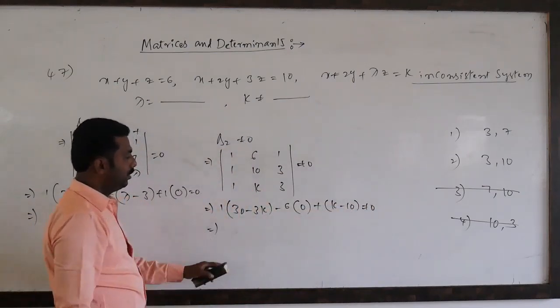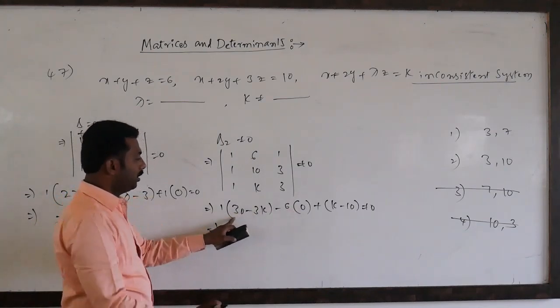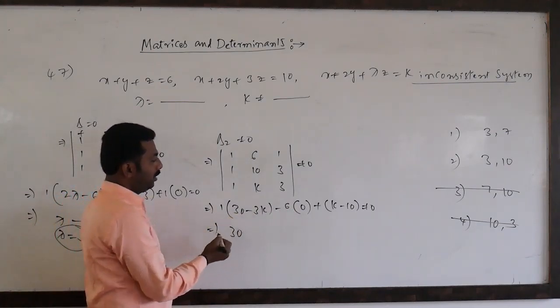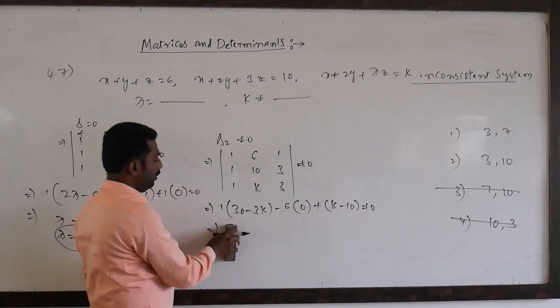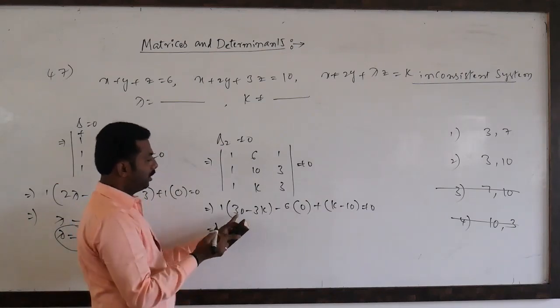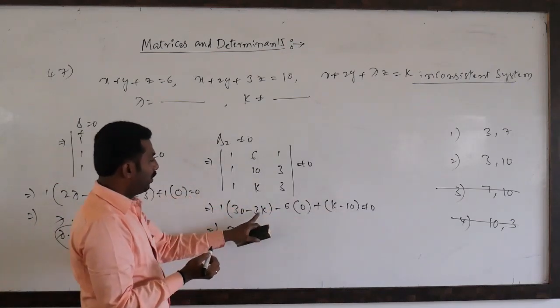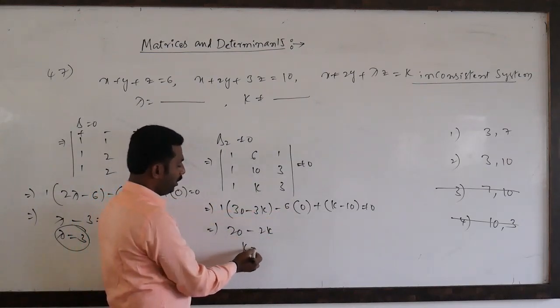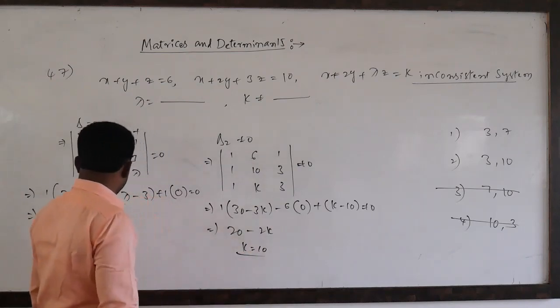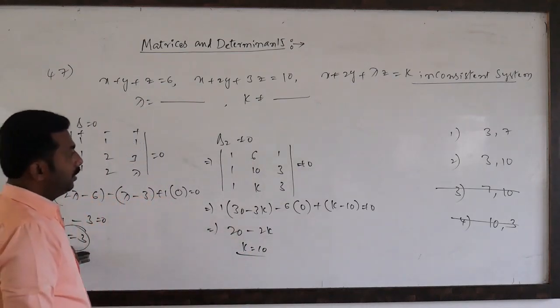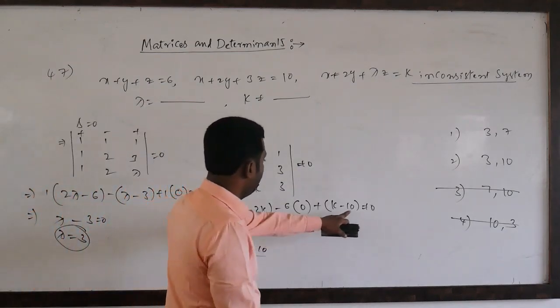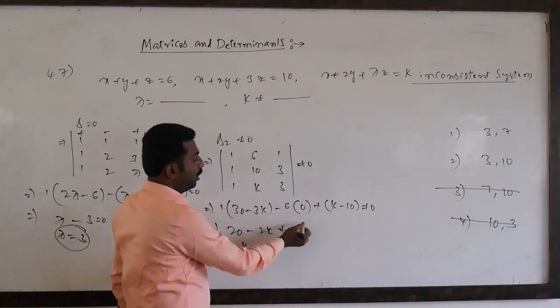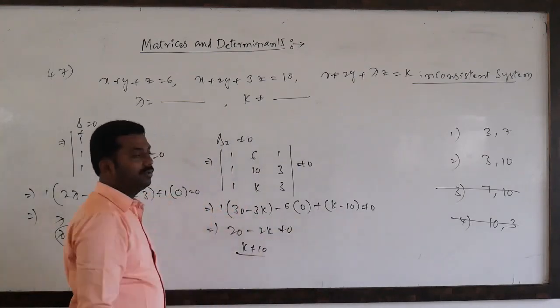So from this you observe anyhow this is 0, 30 minus 10 means it is 20, 30 minus 10, minus 3k plus k means minus 2k, so k equal to 10. Lambda value 3, k equal to 10; not equal to 0 means k is not equal to 10.